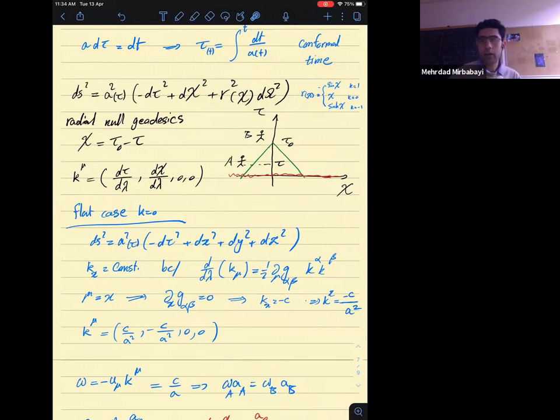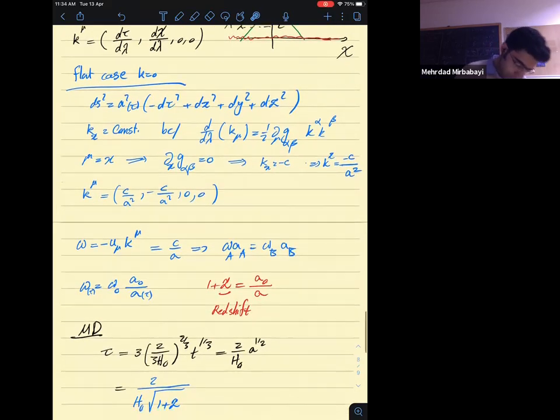Now I can show you that the situation doesn't change much if we go to the general situation, when we are in an open or closed cosmology.